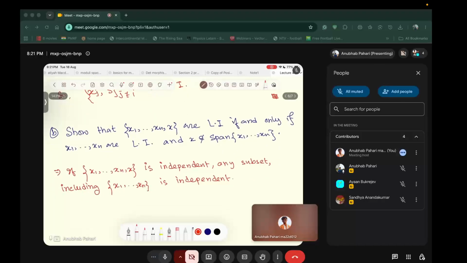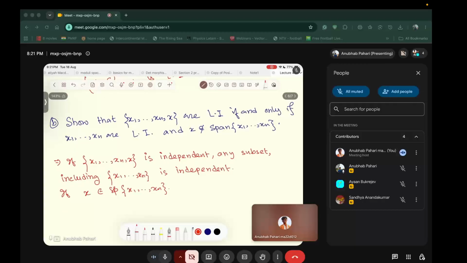Now, if x belongs to span of x1 up to xn, then x should be some linear combination of xi, right?